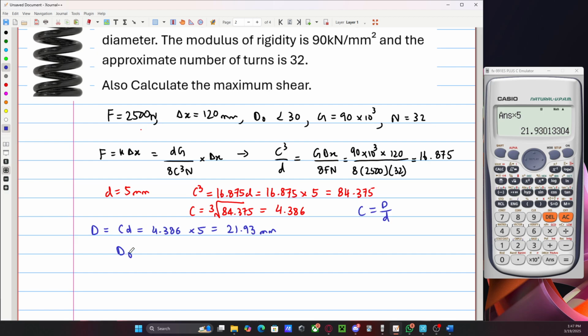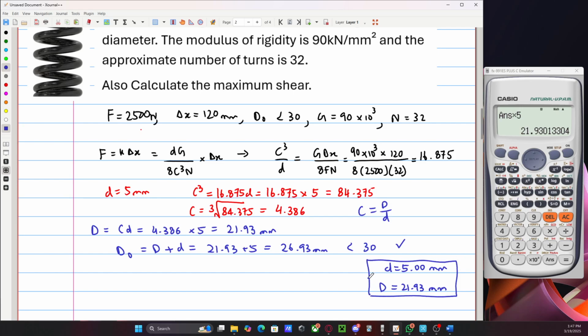Now I need to check if this is less than 30, so capital D plus small d, so 21.93 plus 5 gives me 26.93 millimeters, which is less than 30, so you're fine. So again, let's just box our answers. So d equals 5.00 millimeters, capital D equals 21.93 millimeters, and this is what I have for d and capital D.